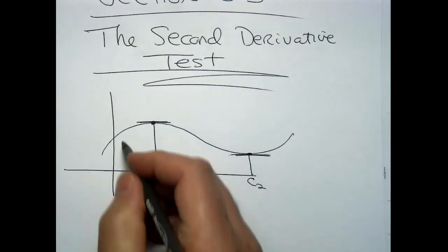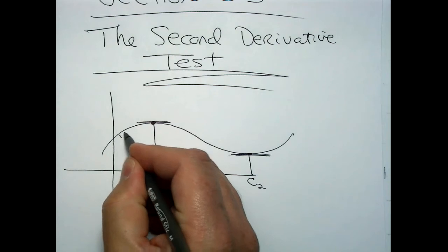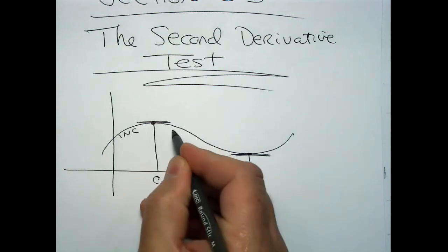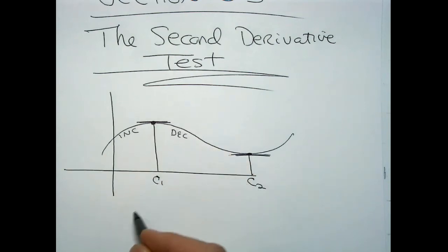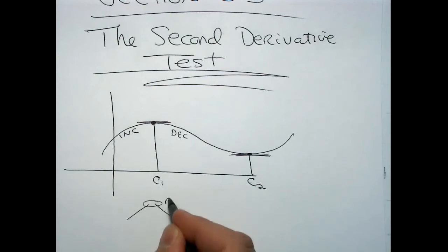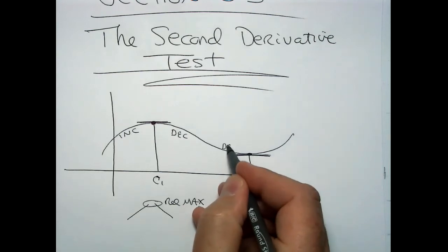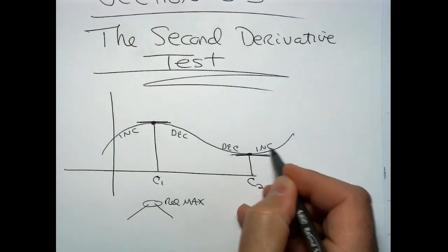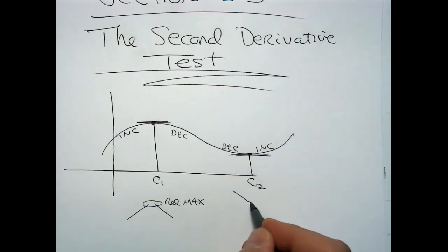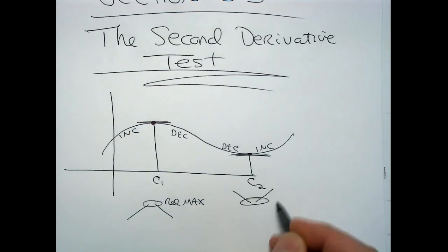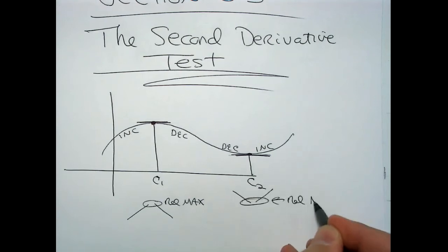And the first derivative test would be to check this out. Increasing here, critical number, switching to decreasing. And maybe in your table you would show increasing and decreasing. You'd say, okay, I know what that is. It's a relative maximum. Here you would see decreasing switch to increasing. Maybe in your table you would show the decreasing and increasing and circle that and say, I know what I have, a relative minimum. But there's a much easier way to do this.